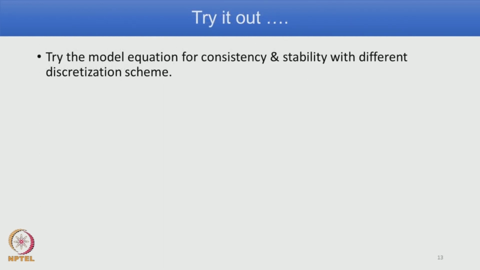Now, you can try it out, try taking the same model equation we explained with forward in time and central in space, for consistency as well as stability. You can try the same model equation either in 1D form or 2D form, and try different other schemes, that is backward in time, backward in time is difficult.